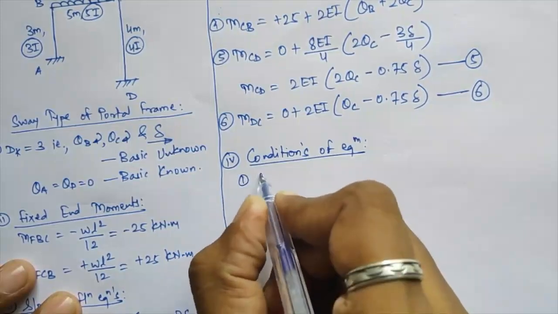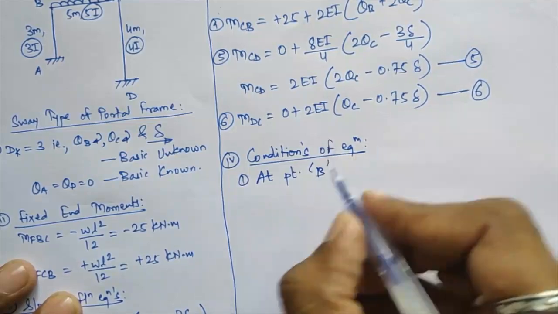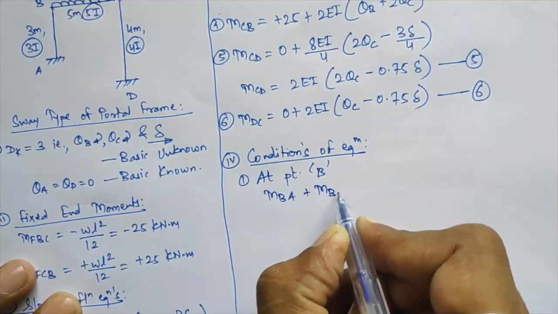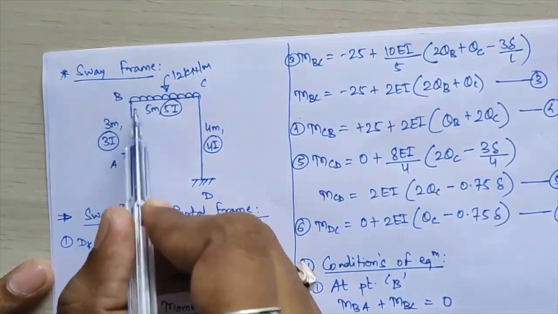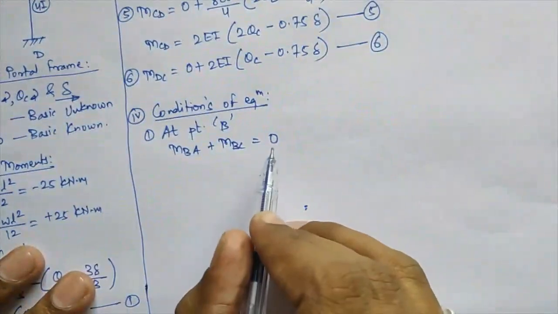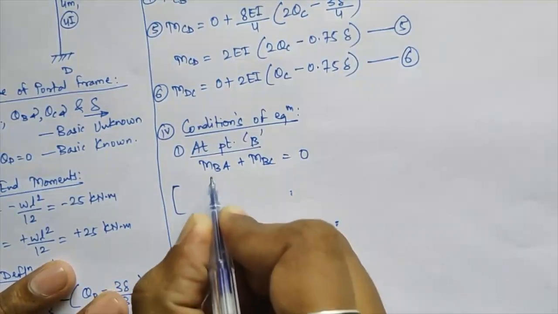The first condition will occur at point B, and that condition is MBA plus MBC shall remain equal to 0. At this joint B, the total equivalent moment, that is MBA and MBC, shall be equal to 0 to keep this joint in equilibrium. So I'll substitute the values of these two equations.